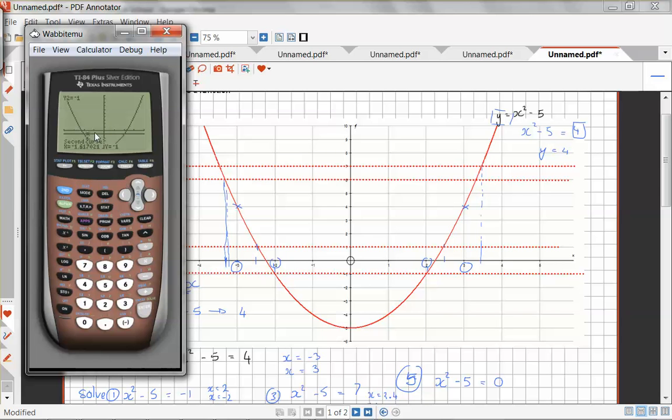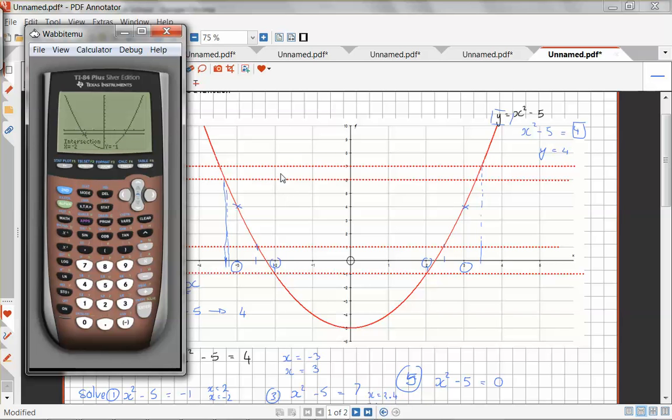Then I press enter and it'll put another one nearby, then press enter, guess, enter, and it gives me the answer minus 2. The answers we need are what comes with the x. It tells me the intersection is y equals minus 1, x equals minus 2. That's because I did the other side. There's 2 and minus 2.